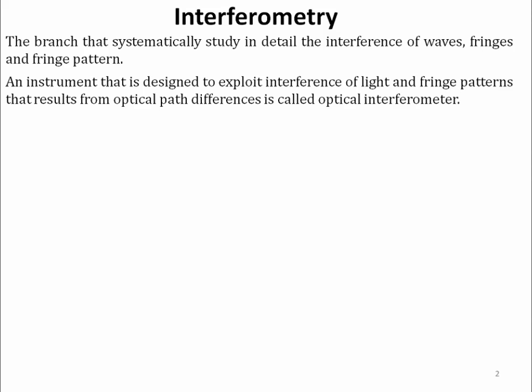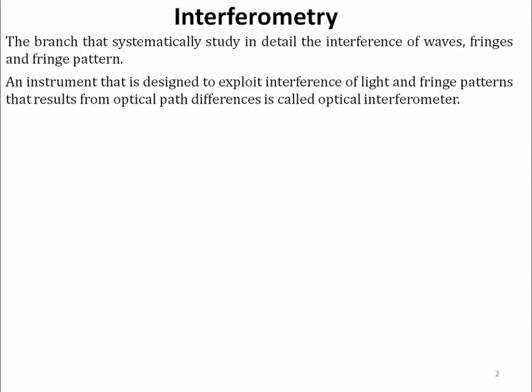And what is an interferometer? It is an instrument that is designed to exploit the interference of light and study the fringe patterns and other characteristics of the fringes, which result from the optical path difference among the different light beams.